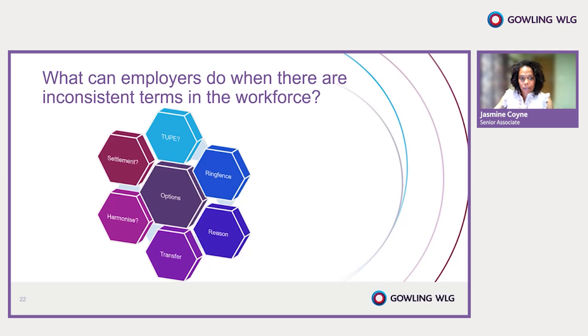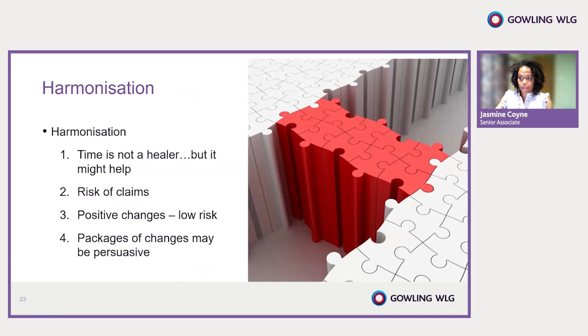If, however, changing or protecting employment terms via a route already mentioned isn't designed for a particular reason, employers often consider harmonising incoming employees' terms regardless. And we're often asked, how long do you have to wait before you harmonise the incoming employees' terms and conditions following a TUPE transfer?